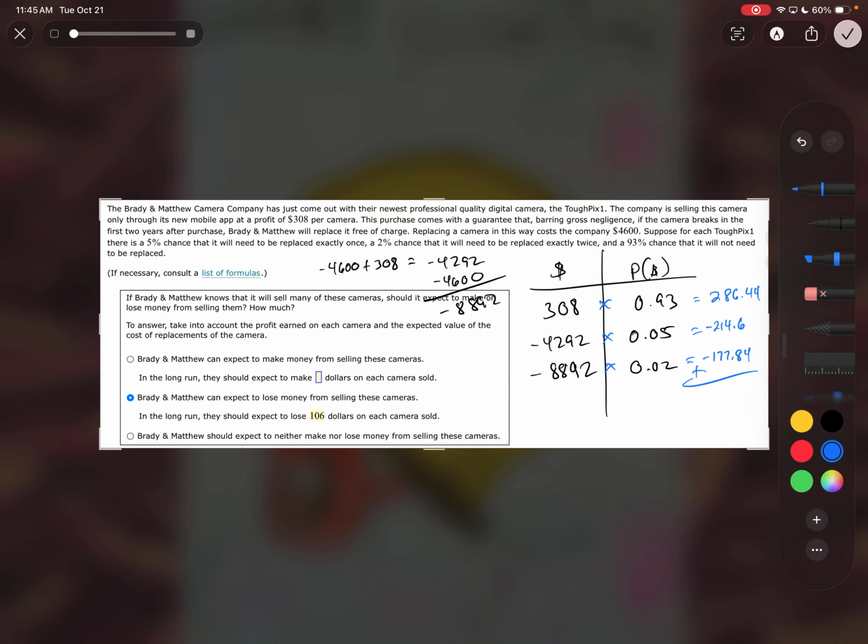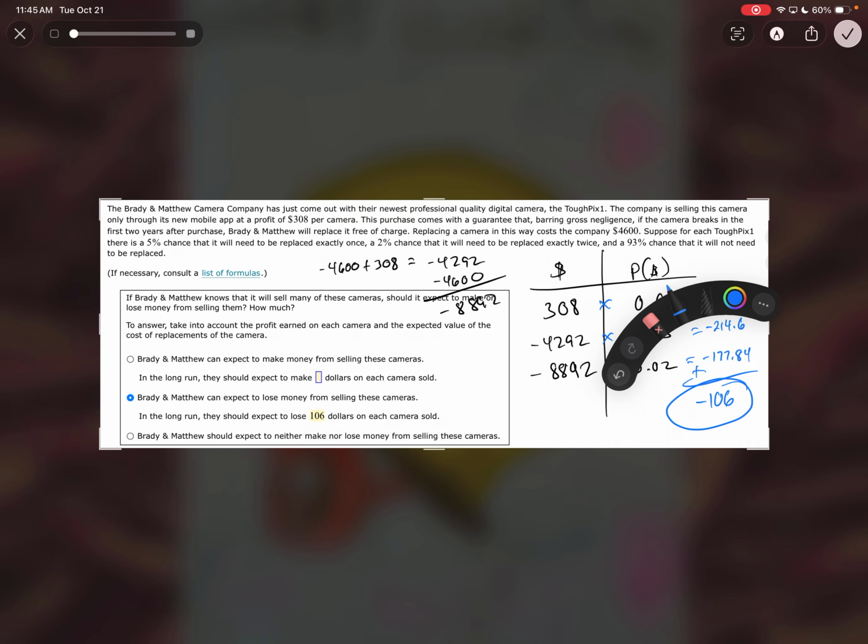And then we add these up. So 286.44 minus 214.6 minus 177.84. Yes, I got it right. Minus 106, okay? So since that is negative, we expect to lose $106 per camera.